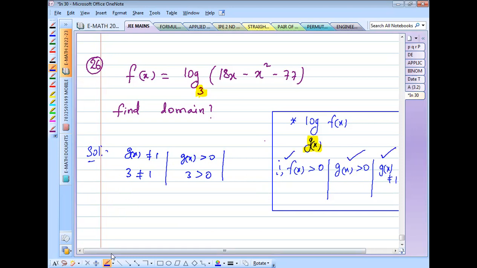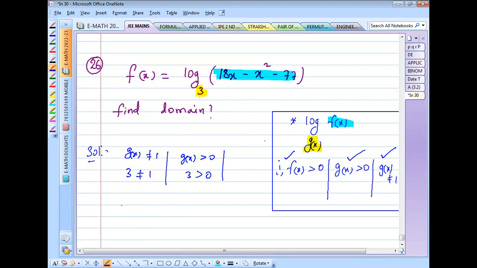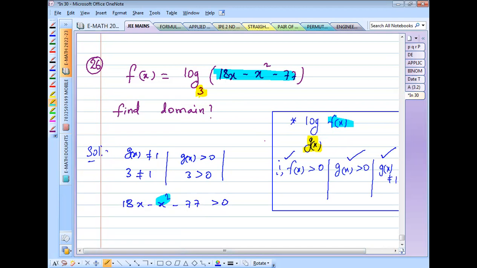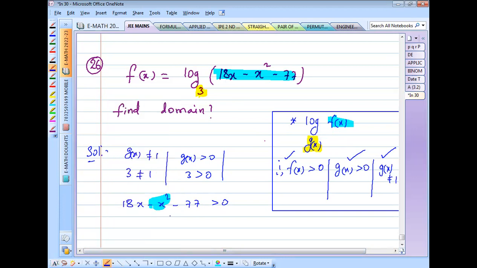Here f of x was clearly this one only. So we can take 18x minus x square minus 77, which is greater than 0. And I already told you, while we are dealing with inequalities, the highest power in the expression should always be positive.